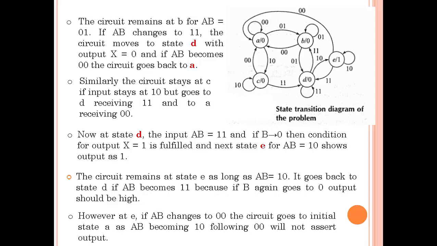However, at E, if AB changes to 0 0, the circuit goes to the initial state A, as AB becoming 1 0 following 0 0 will not assert the output.